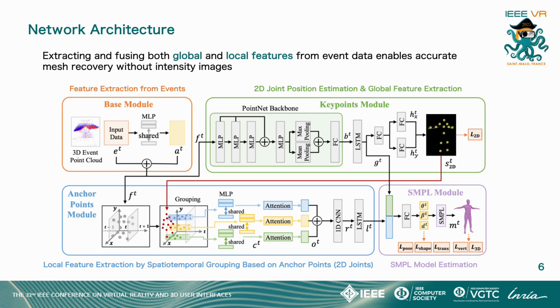Finally, these global and local features are fused in the SMPL module, producing a detailed 3D human mesh. By combining both global and local information from the event data, our method achieves accurate mesh recovery without relying on intensity images.